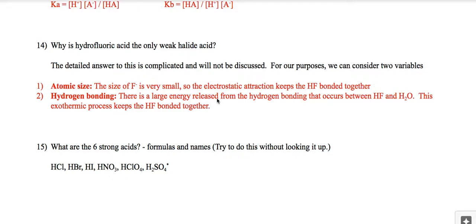We know from our intermolecular forces unit that if we have something like hydrofluoric acid, it can go through hydrogen bonding with water. So we have HF, and then we have water here, and then a water molecule here.